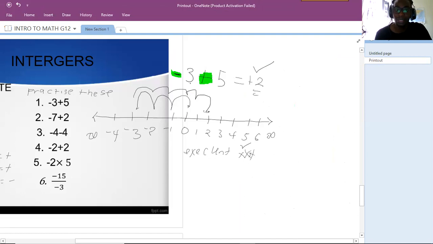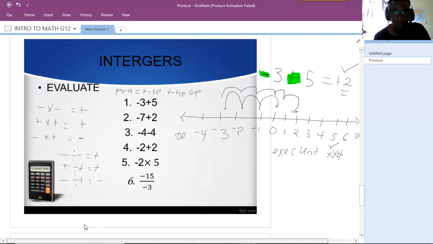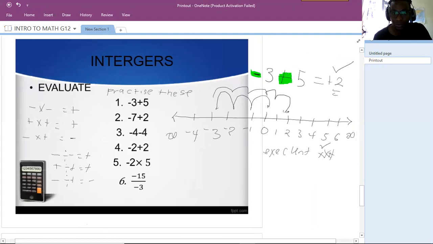Don't worry about the signs. Which number logically is bigger between 3 and 5? It's 5, right? So what is the sign on 5? Positive, right? Then meaning our answer will be a positive.